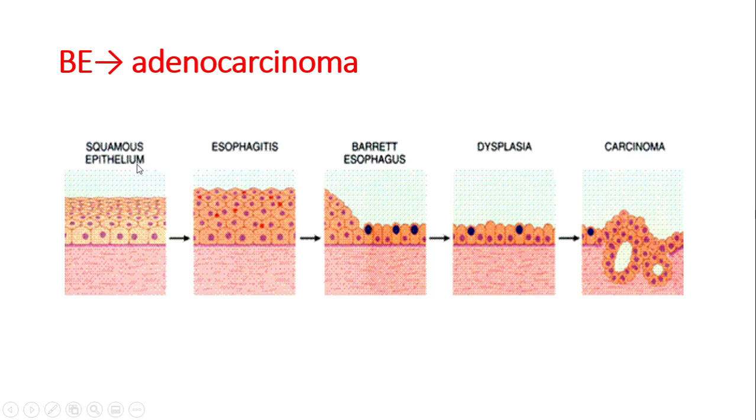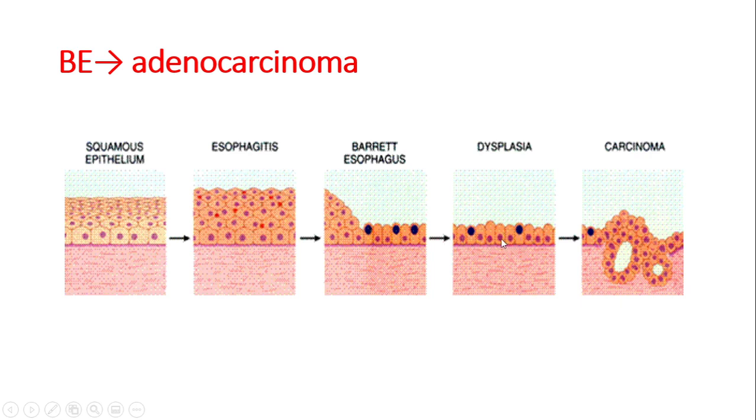Eventually, the glandular epithelium, or the intestinal metaplastic epithelium, will replace the squamous epithelium. Here's a diagram showing the transition from squamous epithelium, esophagitis, infiltration by inflammatory cells, Barrett, repeated attacks of repair and inflammation and ulceration, long-standing after many years. There will be replacement of the stratified squamous epithelium by columnar epithelium with goblet cells.